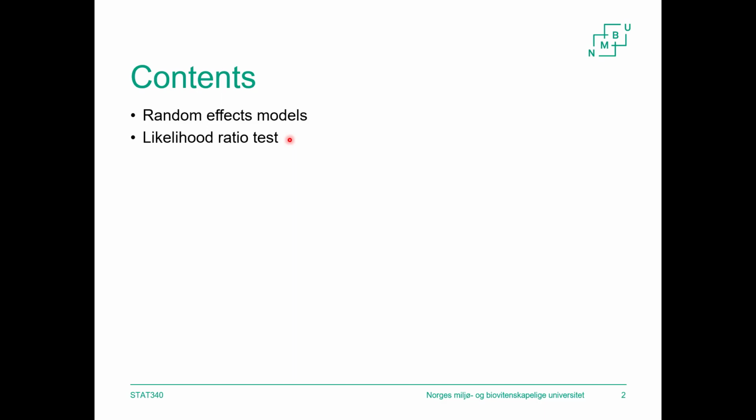There is a difference in the output between the NLME package that we used last week and the LME4 package that we will use this week. Or I'll actually use both of them, but the difference is in the output. There are no p-values for the fixed effects in the output from this LME4 package. And then we will see how we can actually compute some p-values using this likelihood ratio test.